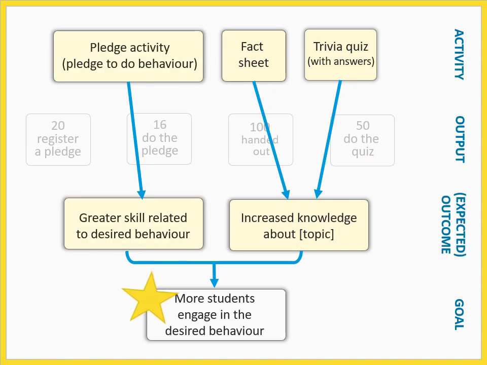You need an activity that increases skills in order to reach the behavior change goal of more students engaging in the desired behavior. That's why it's really important to draw a logic model and to see if activities will logically lead to the expected outcomes.